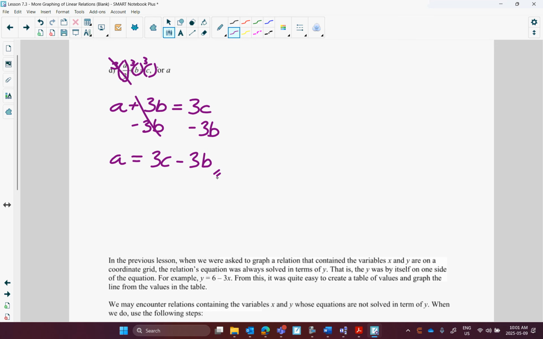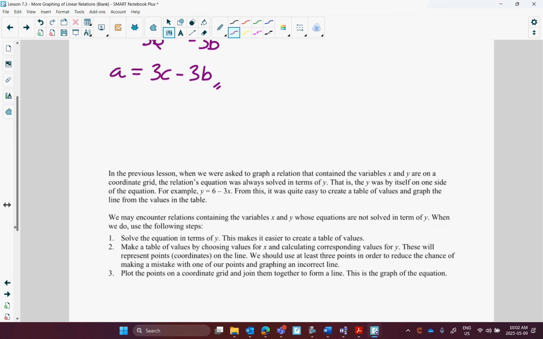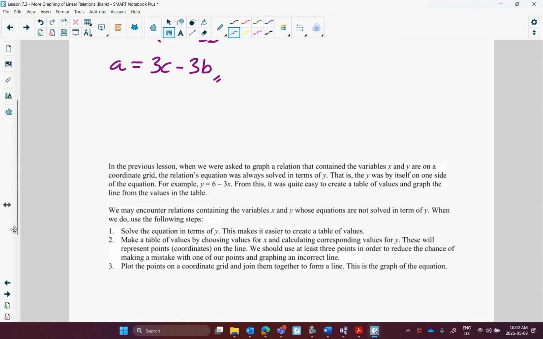Okay. Now, we're going to return to graphing. These are just the steps involved when graphing equations that have y and x in it. They're not problem-solving situations. They're just on a 4-quadrant grid. So the first thing you do is you got to make sure y is by itself.